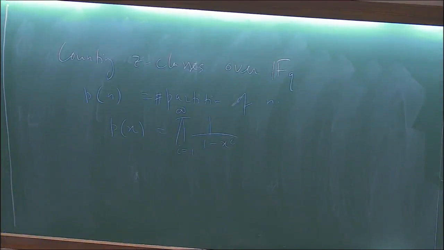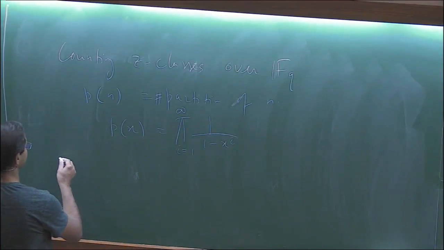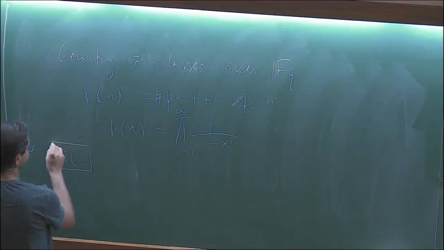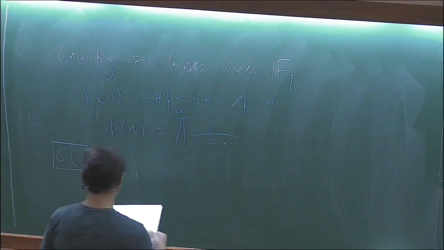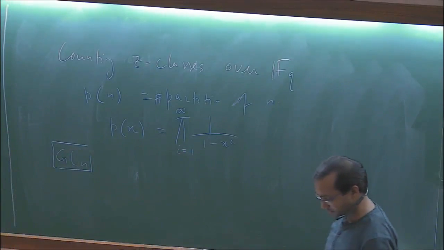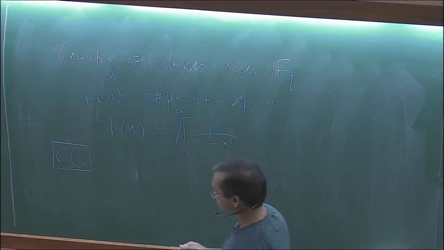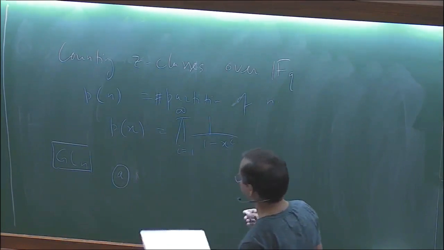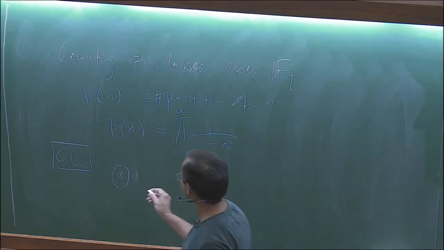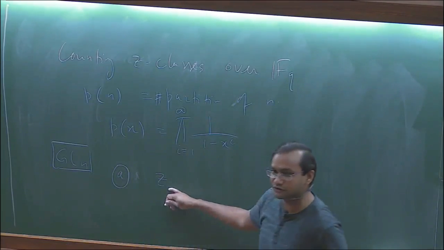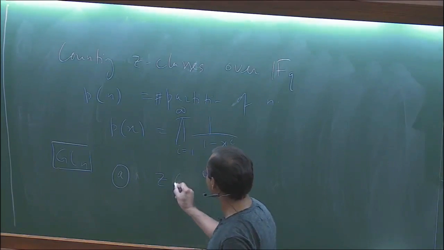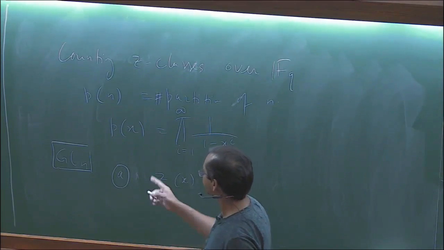Here are some formulas for GLn, which have been kind of known. I'm going to write the generating function for the number of G classes, which I denote by Z(x). This is for the group GLn.